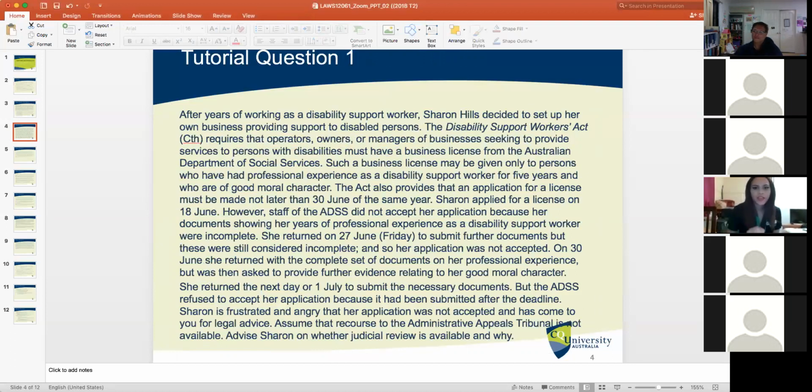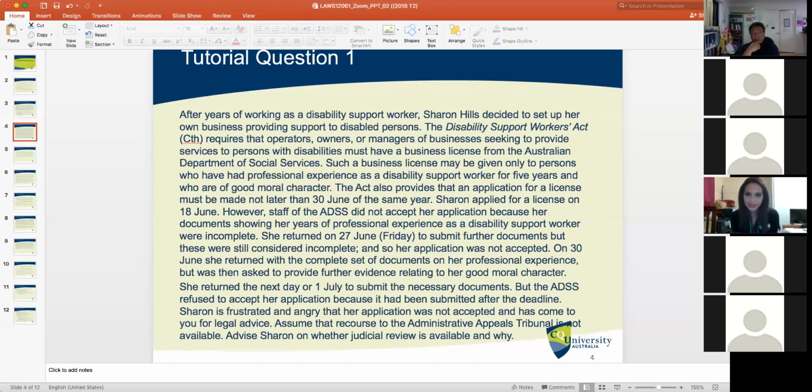After years of working as a disability support worker, Sharon Hills decided to set up her own business providing support to disabled persons. The Disability Support Workers Act of the Commonwealth requires that operators, owners, or managers of businesses seeking to provide services to persons with disabilities must have a business license from the Australian Department of Social Services.